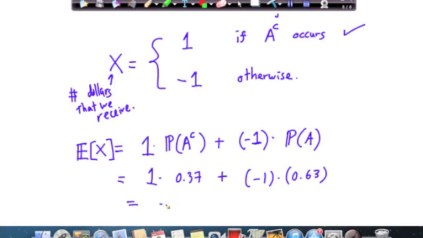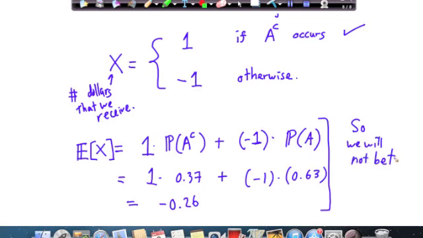The final answer is minus 0.26, which says that on average we will lose about 26 cents. So the conclusion is we will not bet on the offer. So we will not bet in this case.